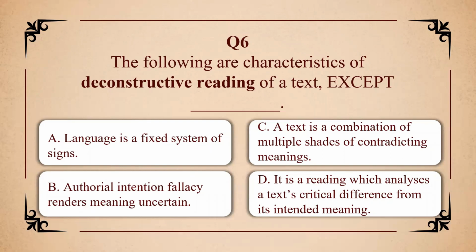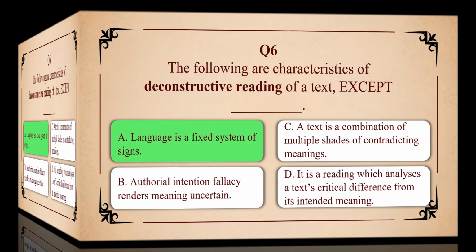Letter C. A text is a combination of multiple shades of contradicting meanings. Or D. It is a reading which analyzes a text's critical difference from its intended meaning. Option A does not belong to a deconstructive reading of text.